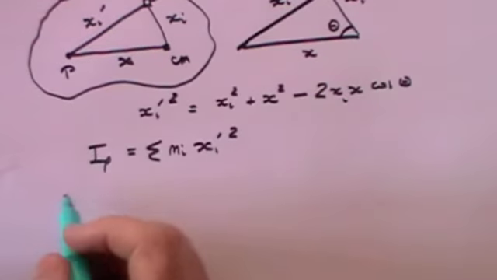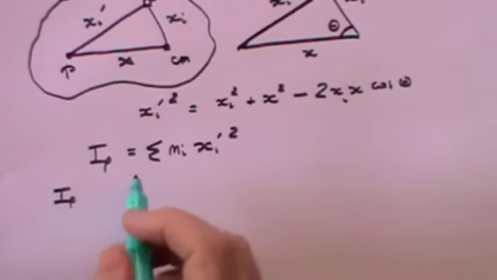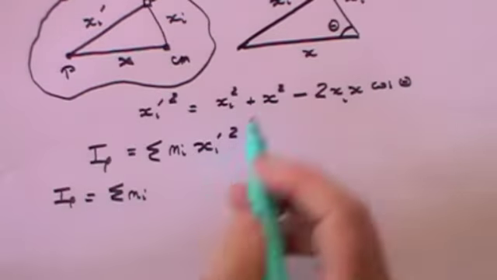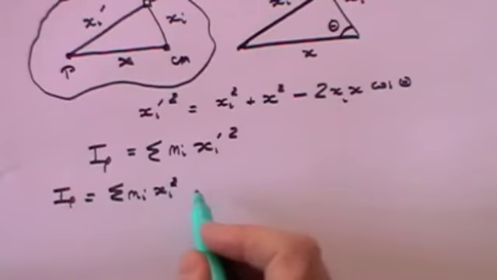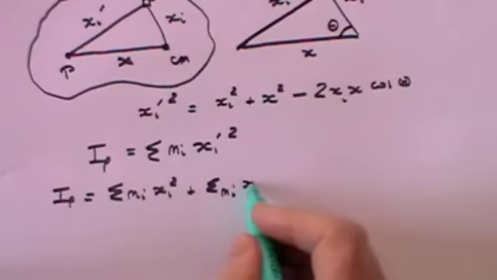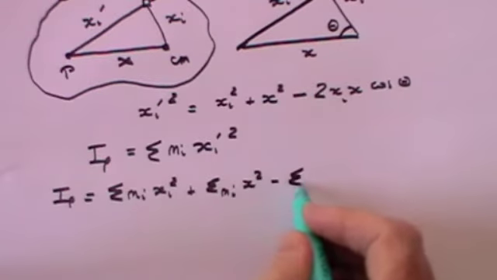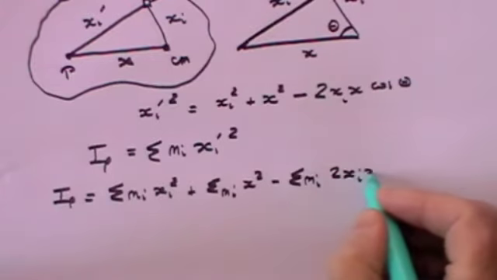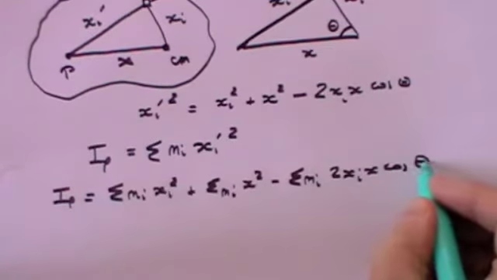And that gets us that the moment of inertia about point P is sigma mi times xi squared plus sigma mi times x squared minus sigma mi times 2 xi x cosine theta.